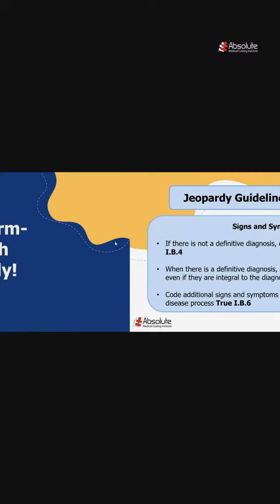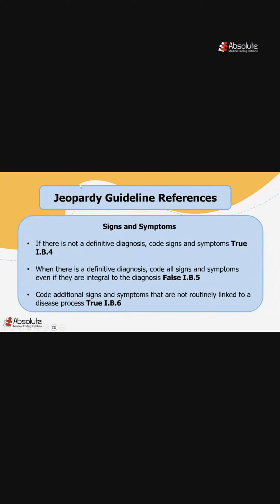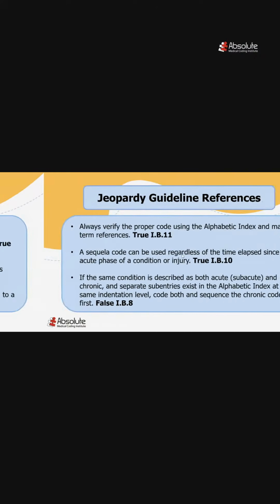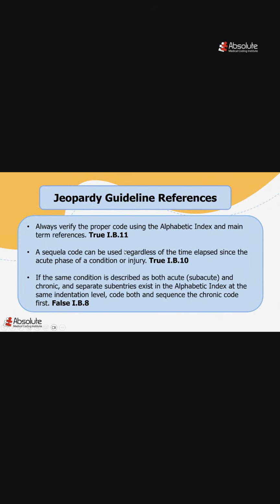So, these are going to be the questions, the answers, and the guideline references for the signs and symptoms column that we went over. Again, this is going to be recorded, so if you want to look back on these, because I'm not going to go over every single one, you can pause and investigate and use this as a study tool if you need to. This is going to be the second column with just those general coding guidelines.